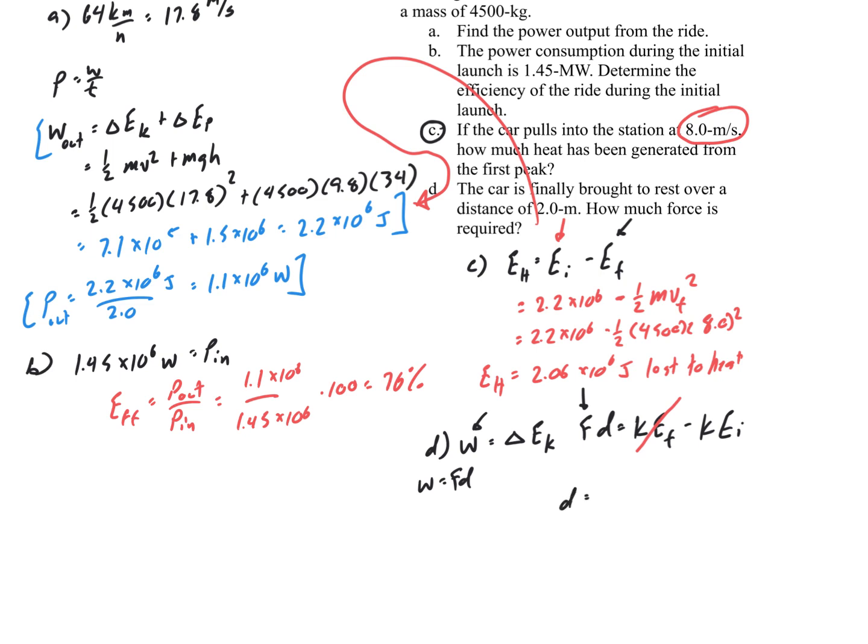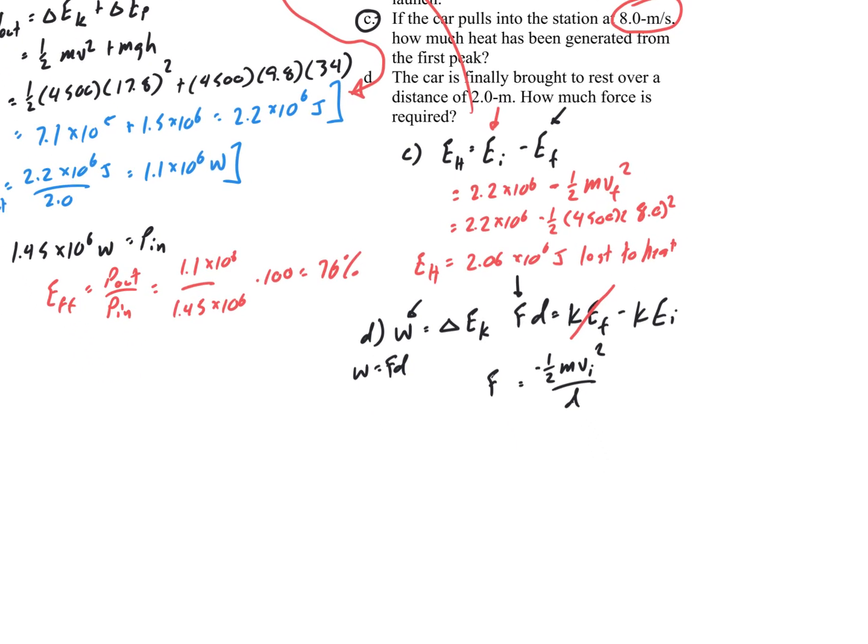So the equation that I would end up looking for at the end looks something like this. The initial kinetic energy, negative 1/2 mvi squared, over the distance, oh wow, can't keep things straight today. Force divided by distance. And that should give us what we're looking for.